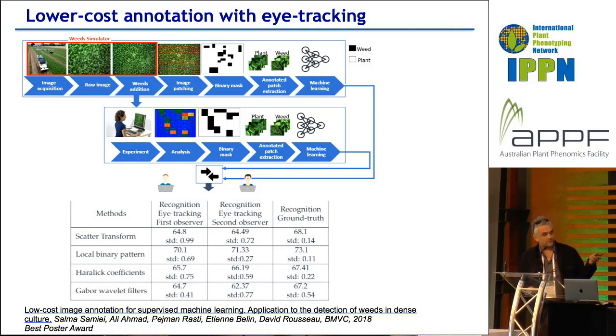And we showed that there was actually almost no difference in performance when comparing an image annotated from the eye gaze of a human expert with manually annotated images. So there is a gain of 30 to 50 times faster than if you were doing it manually.